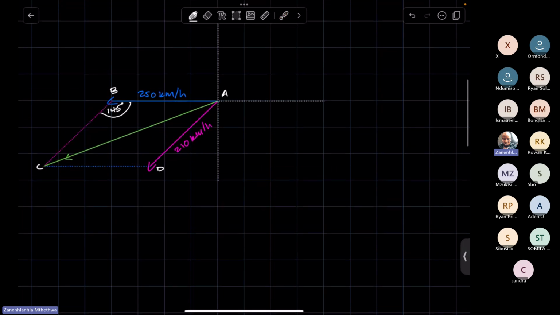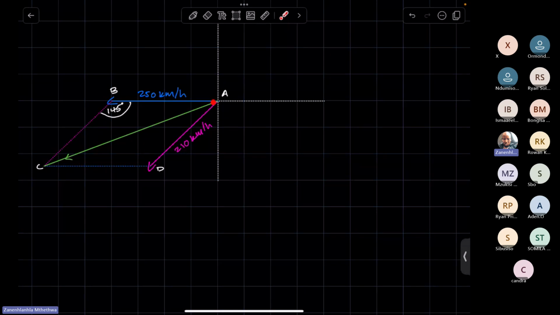In making use of the cosine rule in calculating the resultant, which essentially is our velocity of P relative to Q, we then name the inside of the triangles. Seeing that it is this angle we have, we're going to use triangle ABC. So then we name the inside of our triangle.